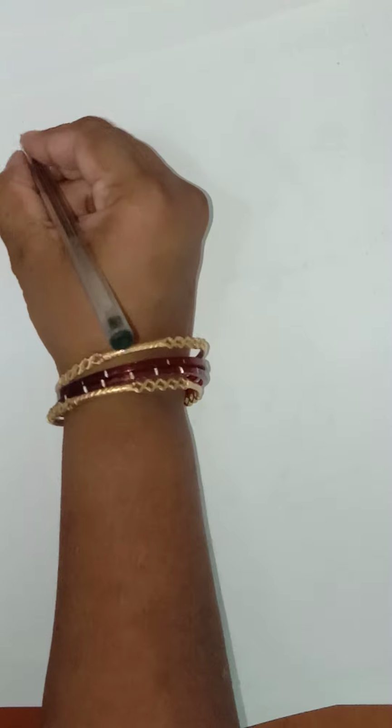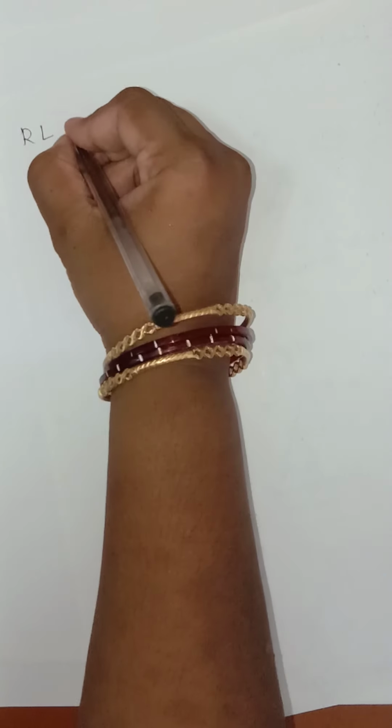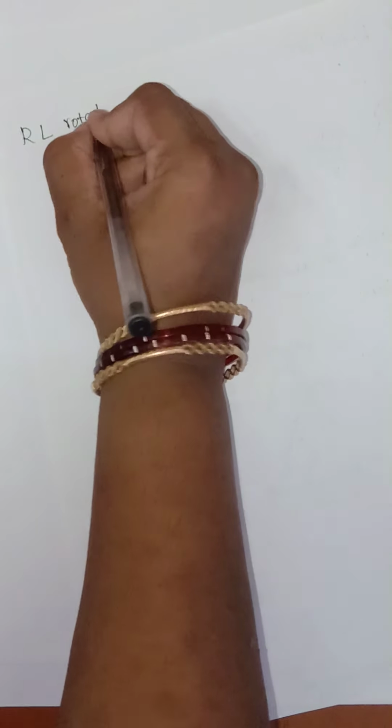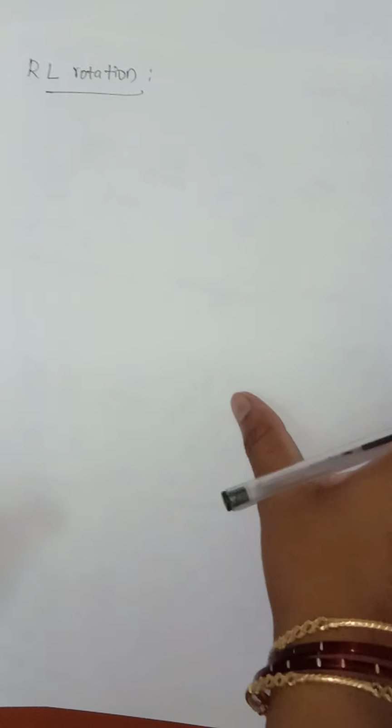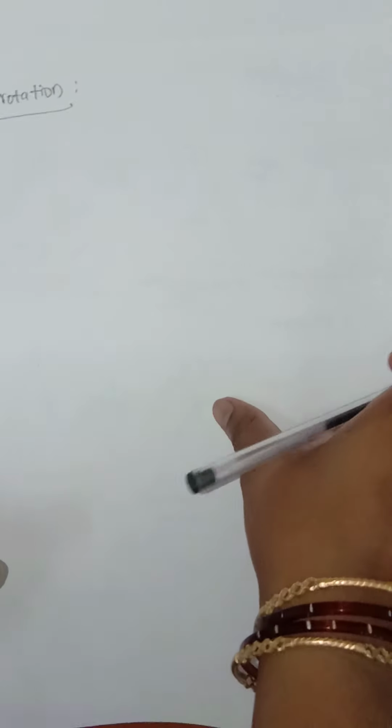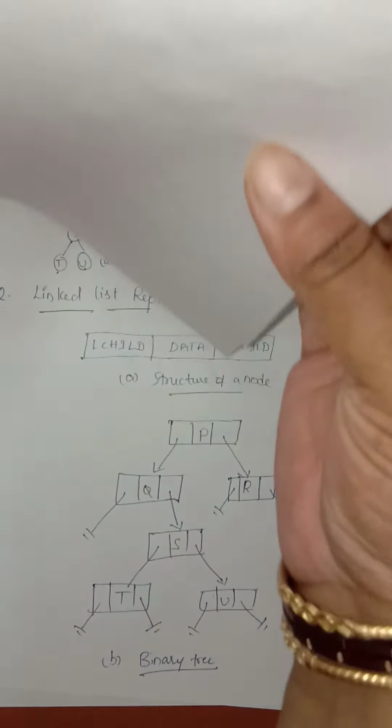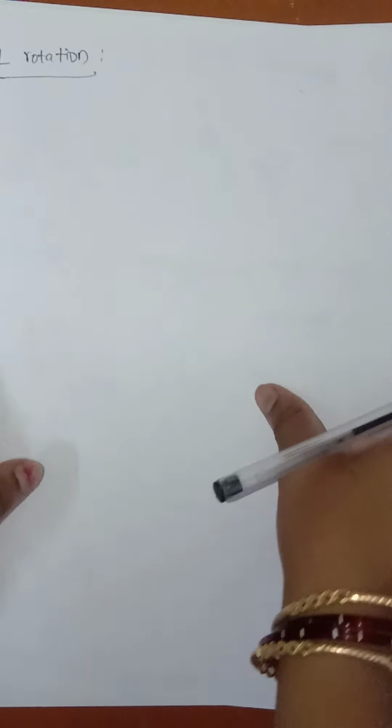Next we are moving on to the RL rotation. RL rotation. So this is the right part of the left subtree.